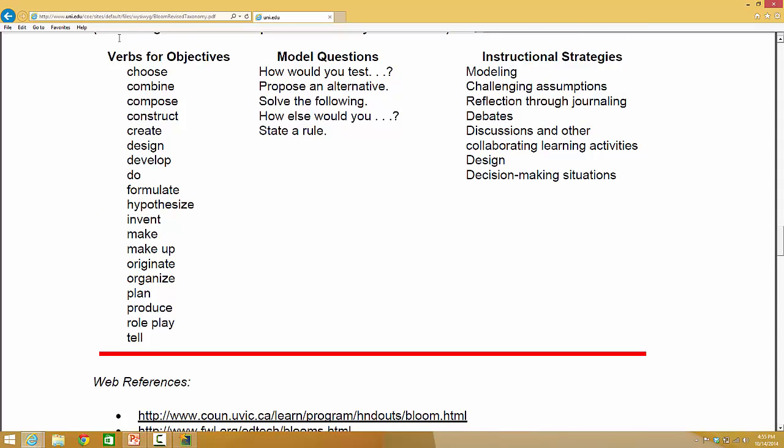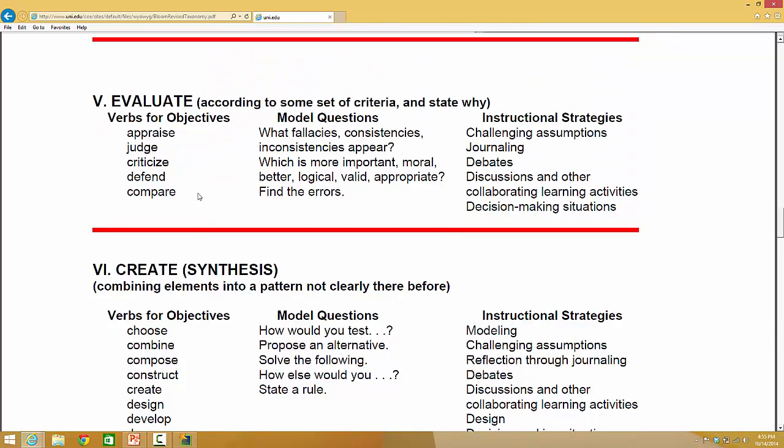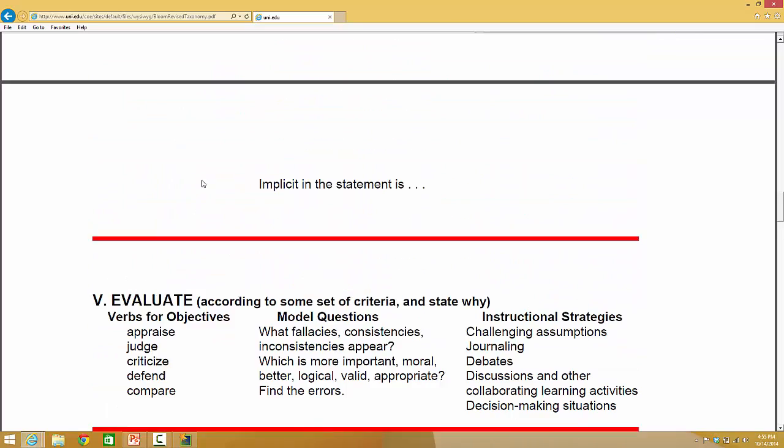I really like these verbs for objectives here. We'll have the students choose between two things, combine things, compose things, construct, create, design, develop. All of these things are great when you're writing objectives. Verbs for objectives. These will help you a lot.